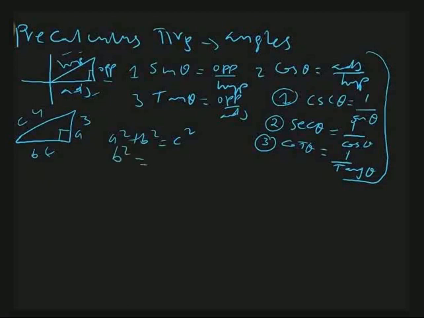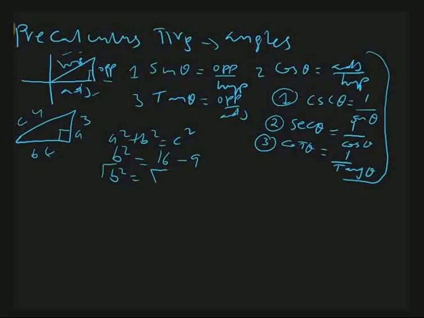So b squared equals what? You have to move a squared to the other side to find b. So b squared is equal to 16 minus 9, because 4 squared for c equals 16, and 3 squared is 9.